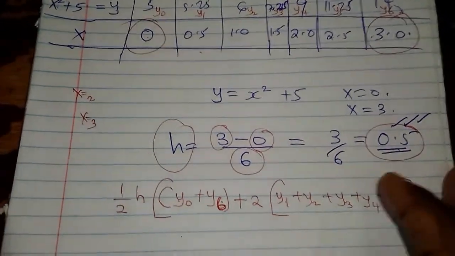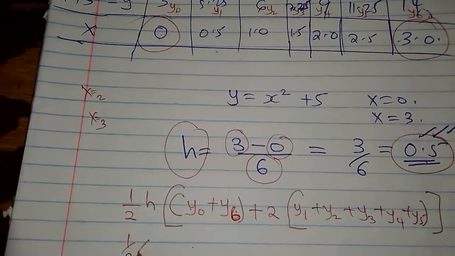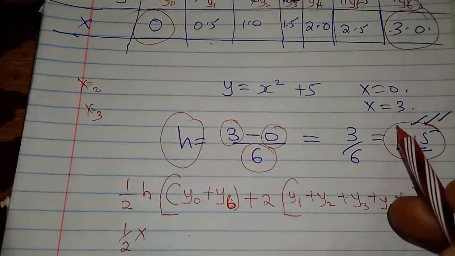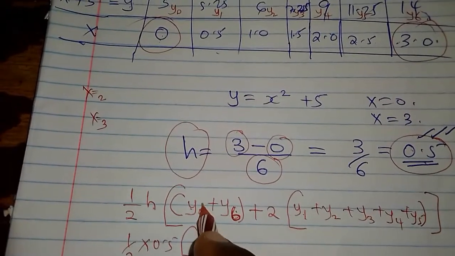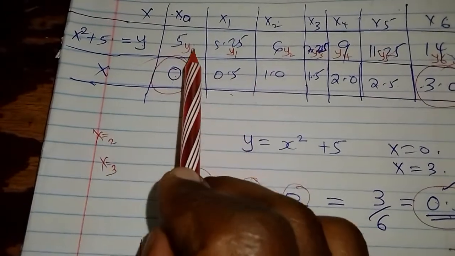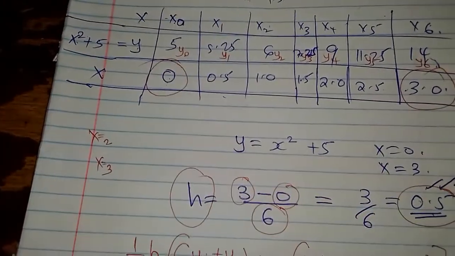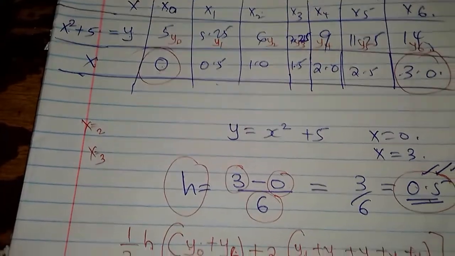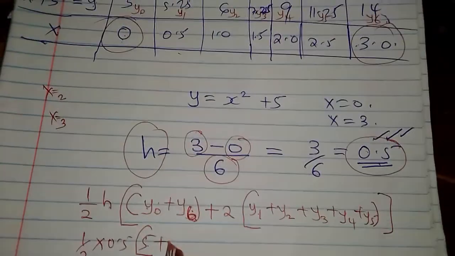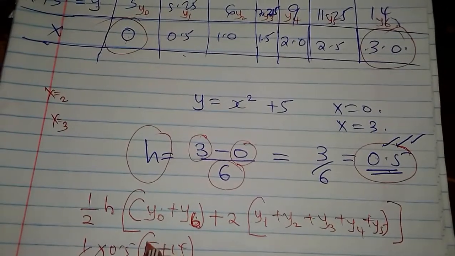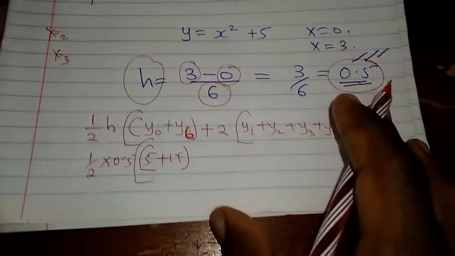That is just easy. So I'm going to have a half times, what is h? Our h is 0.5. So 0.5, open brackets. What is y0? Our y0 is actually 5. So I'll have 5. Our y6 is 14. So 14, then close brackets, like that.